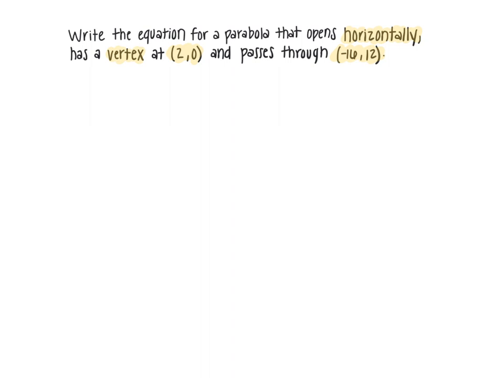So I'm just going to go ahead and start this problem off by writing out the vertex form for a horizontally oriented parabola, which, as you can recall from earlier slides, is going to be x equals 1 over 4p (y minus k) squared plus h.